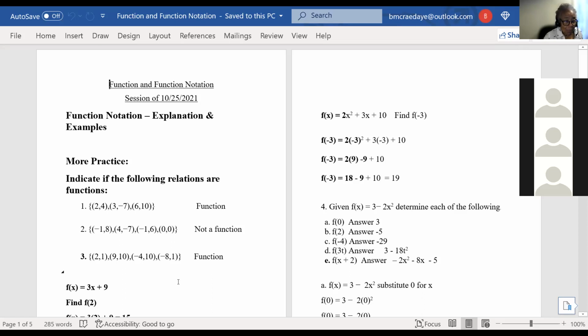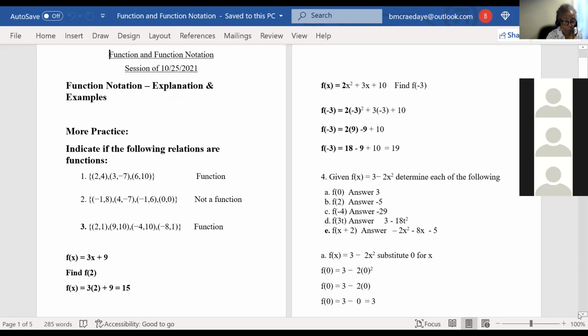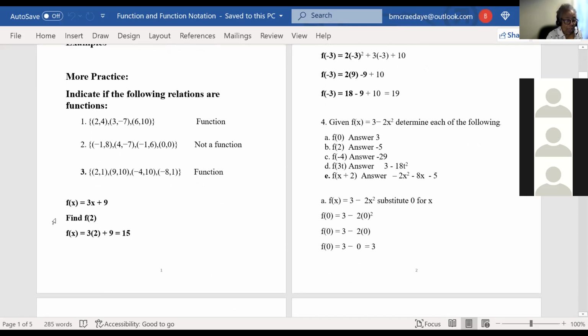All right. Another thing you need to be able to do is substitute, and this is just like we've been doing with our linear equations, except we call it a function. If f of x equals 3x plus 9, then f of 2 means wherever you see a variable, you put a 2.